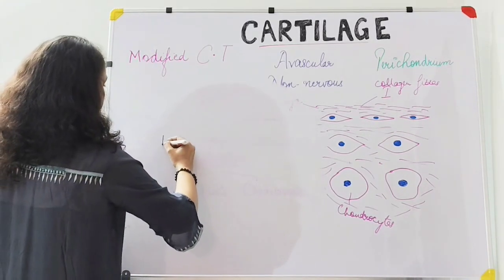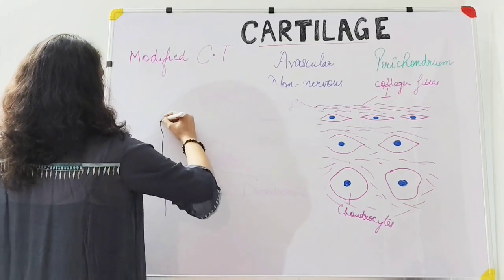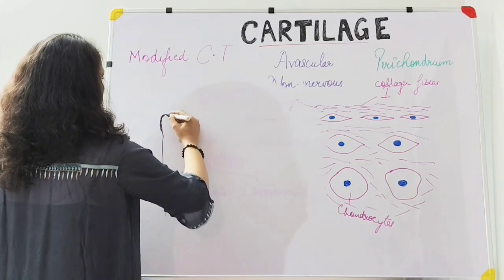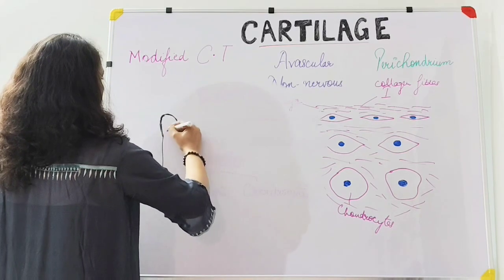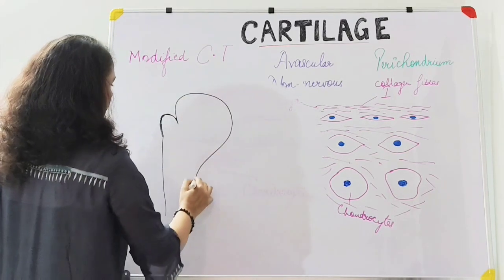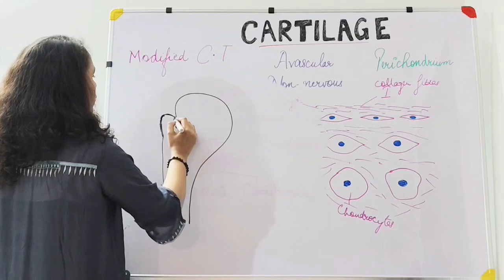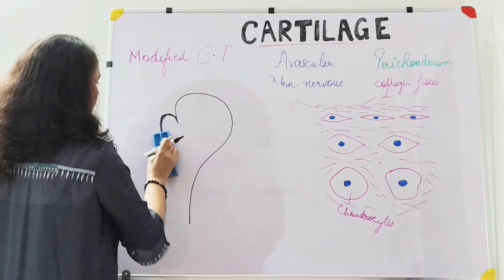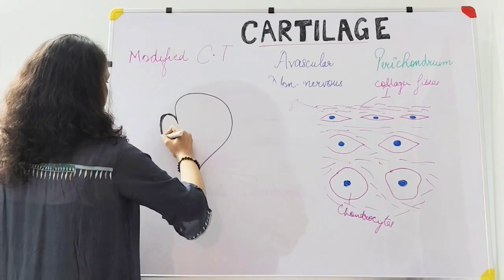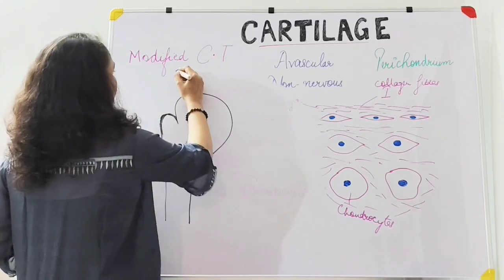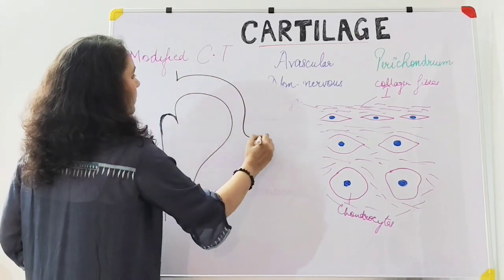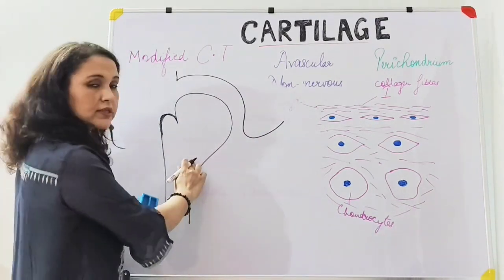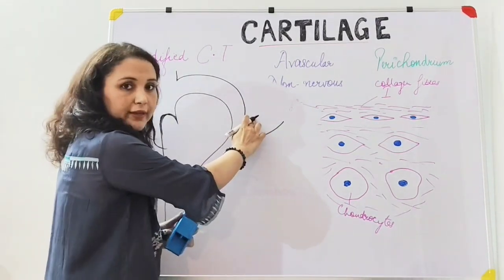Now in the arm, this is the humerus. And we have the glenoid cavity of the scapula. So this is the humerus bone and this is the glenoid cavity of the scapula.